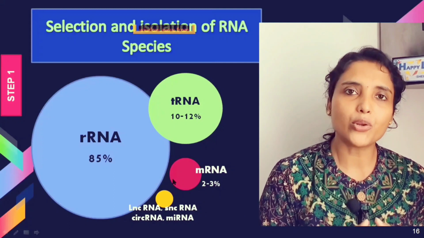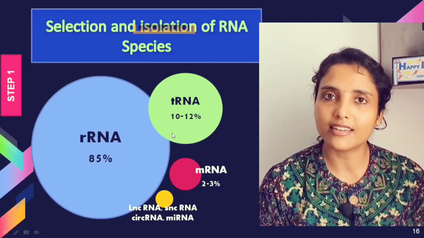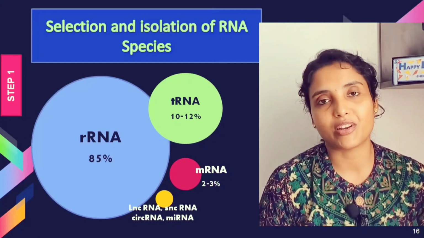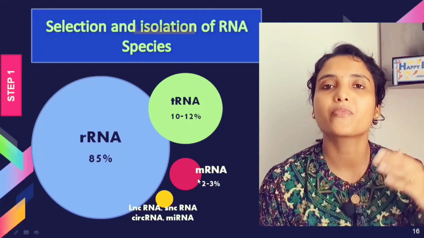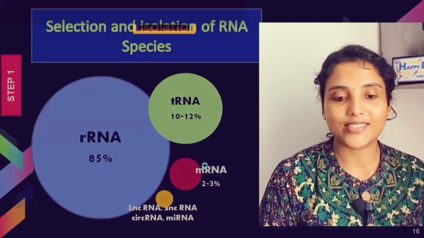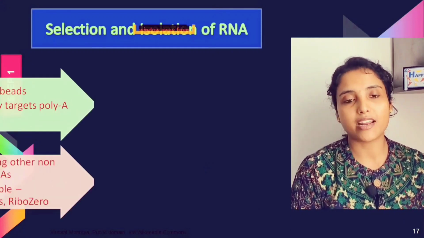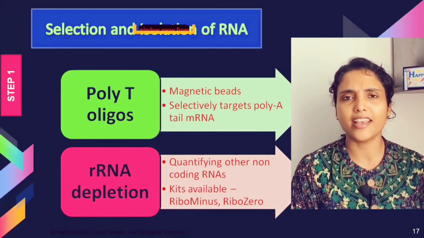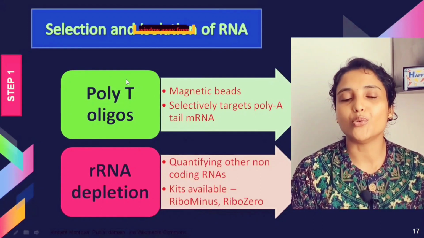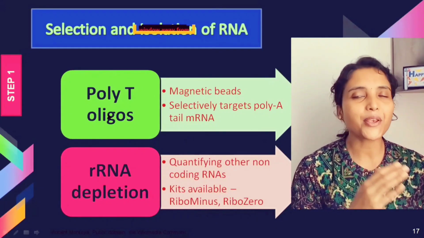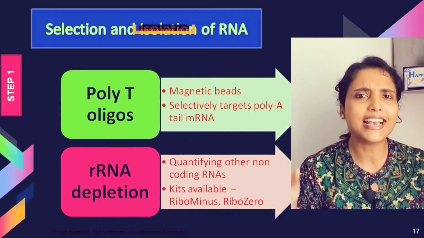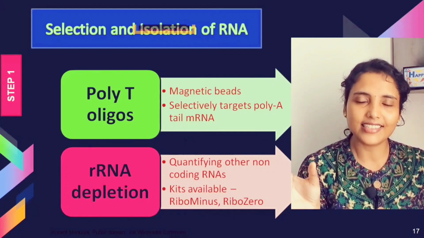Depending on your studies, you might want to work on other types of RNAs also, but since we are focusing on gene expression studies, we will get mRNA out of the total sample. To isolate mRNA from your total RNA, you have two major approaches. The first approach is using poly-T oligos. You might all be aware that mRNA, after post-transcriptional modification, has a poly A tail at the end, right?